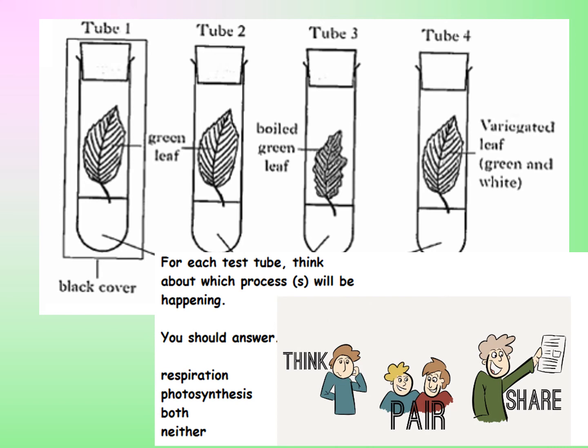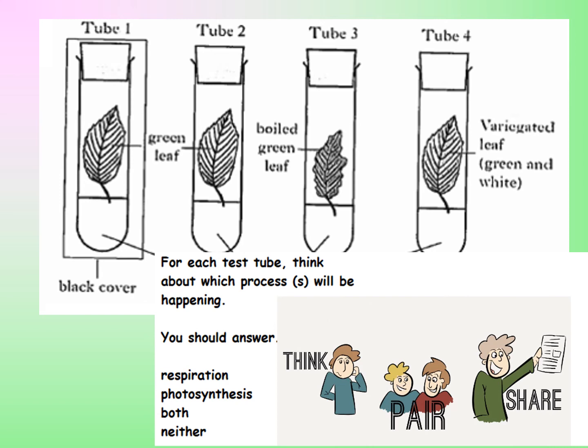Well, you should know by now that we need light, so photosynthesis will not be happening. Let's think respiration. Do we need light for respiration? Human beings respire. When you go to sleep at night, do you stop respiring? No, so it doesn't matter. Respiration doesn't matter whether it's light or dark. Respiration will still be happening, but photosynthesis will not.